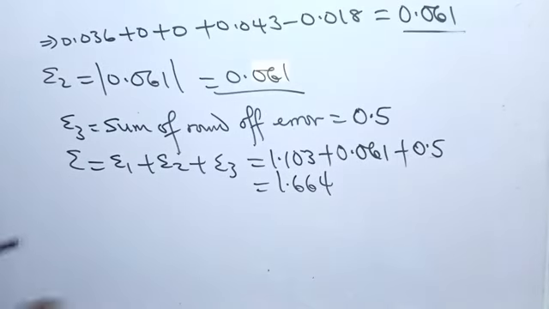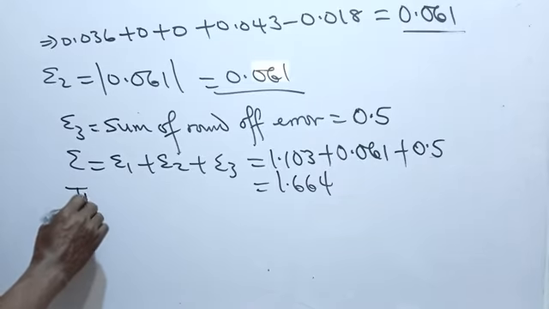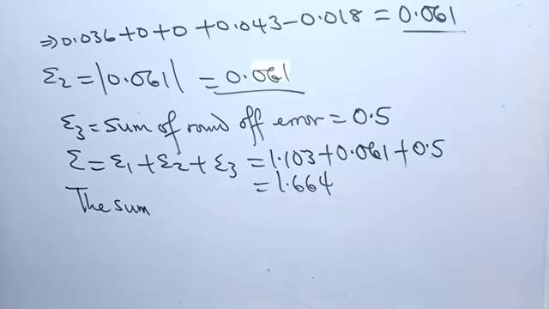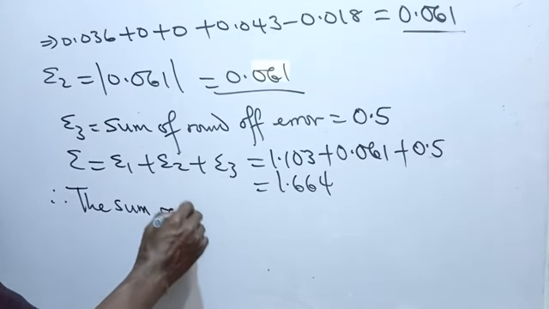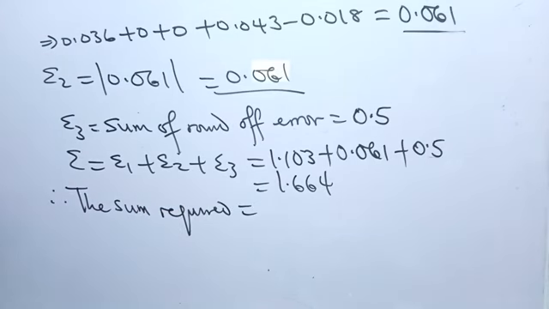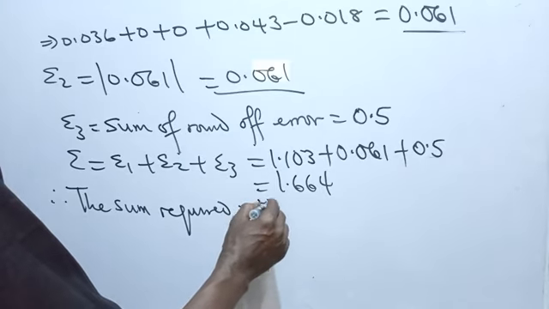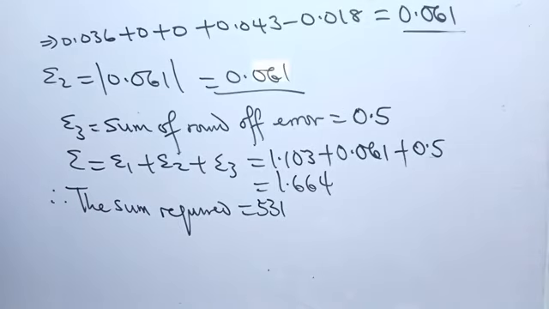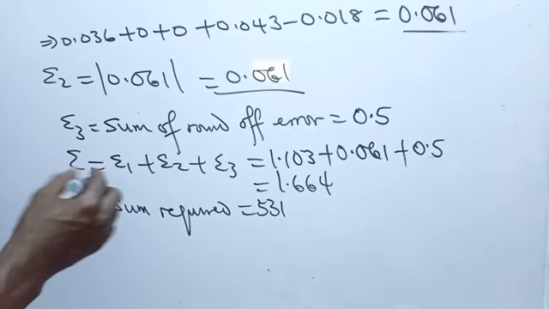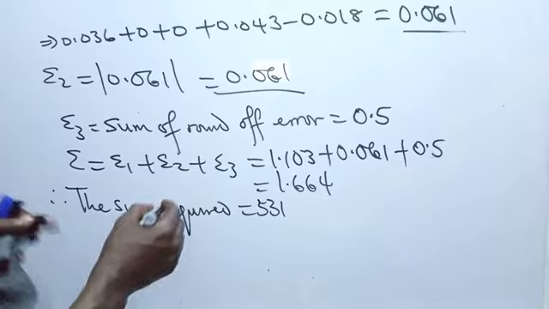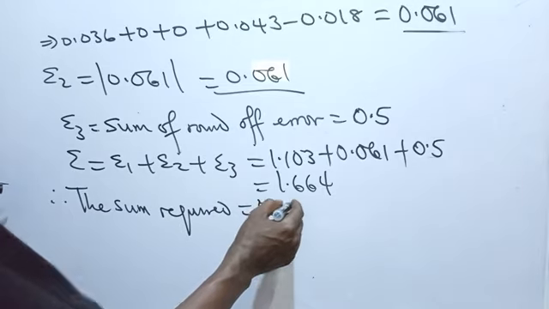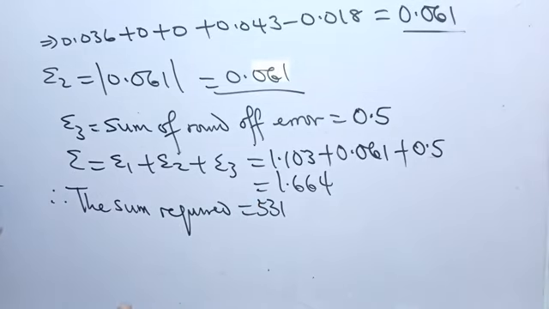Now, the sum required will be equal to the actual sum. But this time around, we are going to approximate the actual sum. The actual sum was 531.461. So you approximate the actual sum.